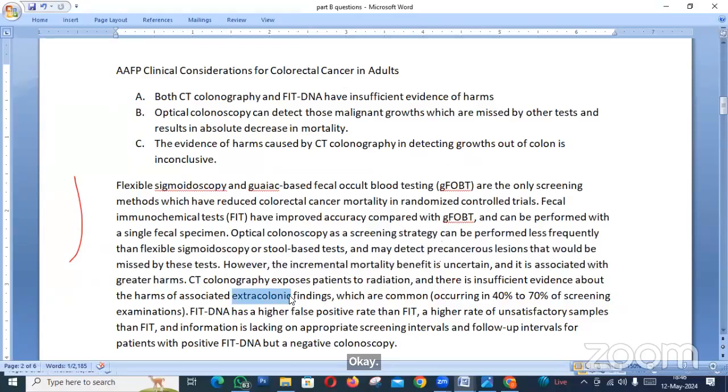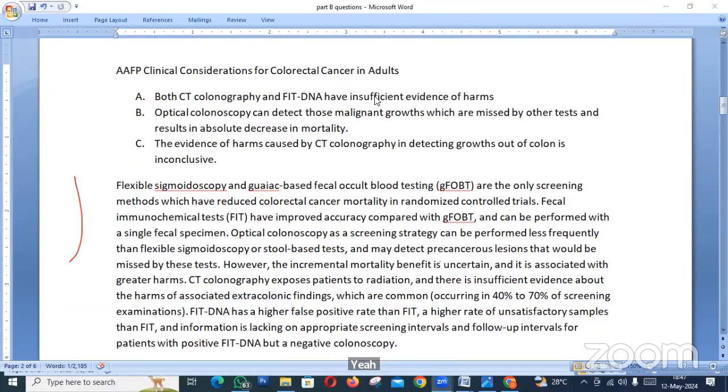This is paraphrasing extracolonic. CT colonography exposes patients to radiation and there is insufficient evidence about the harms of associated extracolonic findings, meaning the harms it could cause to the bladder and other organs are inconclusive. The evidence of harms caused by CT colonography in detecting growths out of the colon is inconclusive. Okay, I understand now. Thank you.